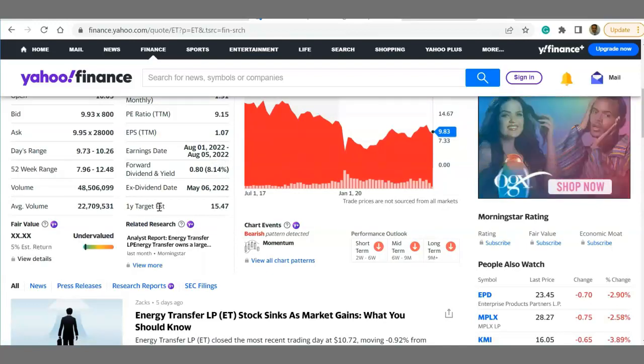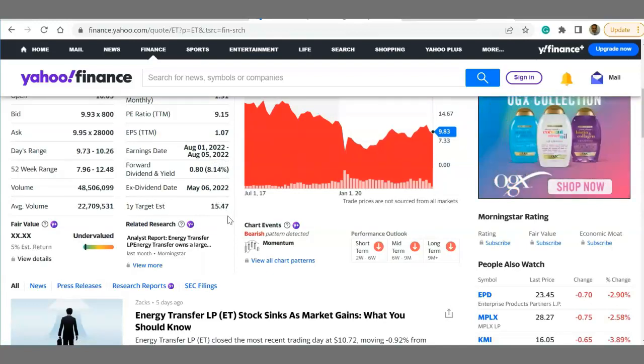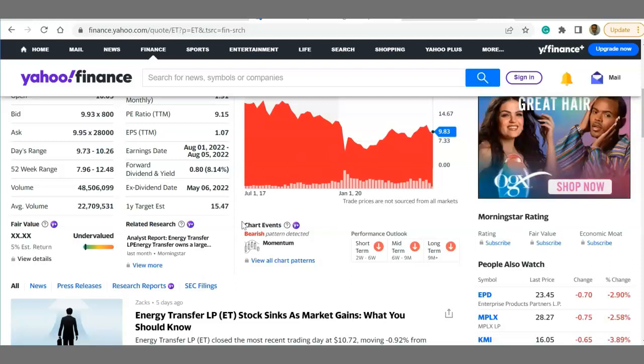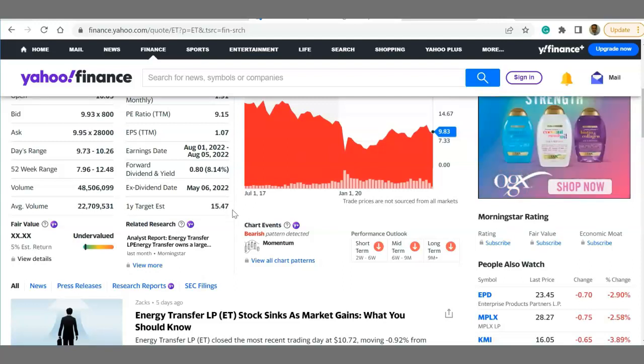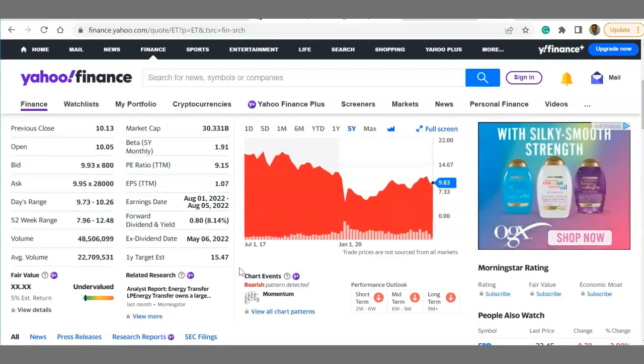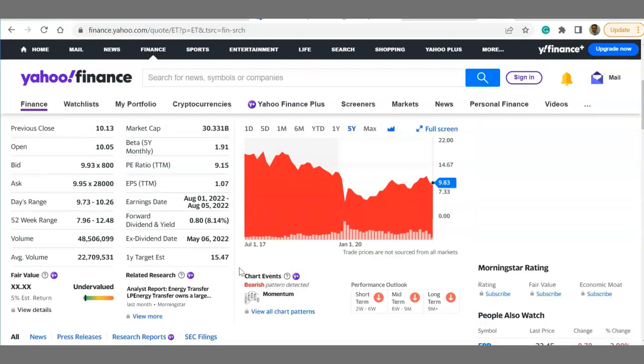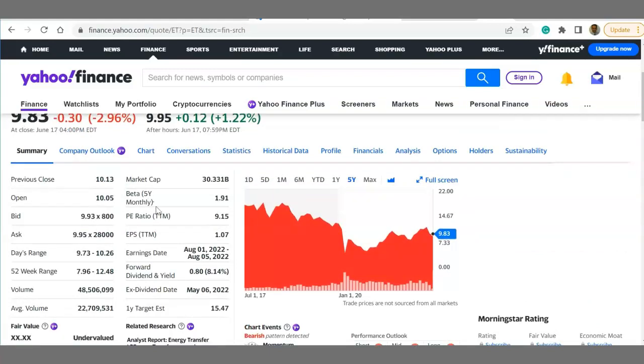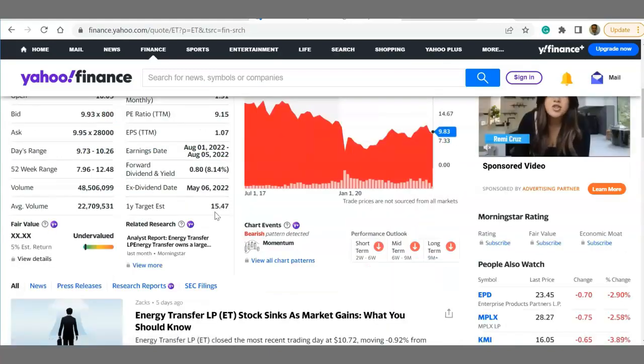Look at the target estimate, $15.47. So if you are interested in investing and you have some money, this might be a good one to go for now. And the price is very nice. The future target estimate is good. It shows undervalued here. Earning per share is good.